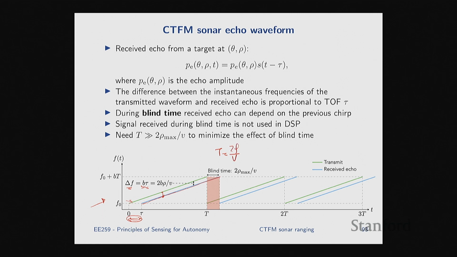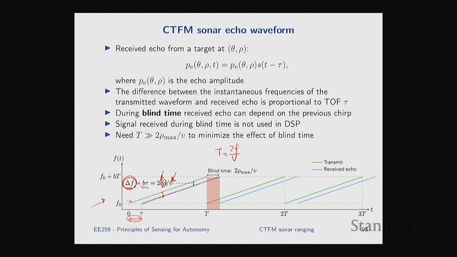So if you plug that in, you see that the difference in the instantaneous frequency of what you transmit and the echo that you receive is directly proportional to range, right? b is known. b is a slew rate that we choose and we use and we know. v is the speed of sound. And if we measure this delta F, which is the difference in the instantaneous frequency of the transmitted and received waves, then we can do ranging.